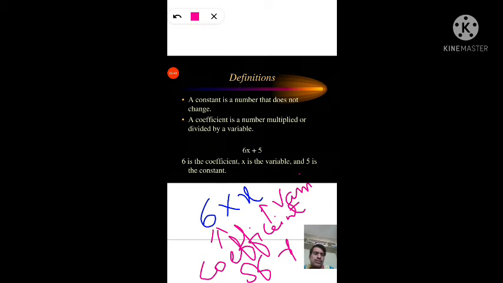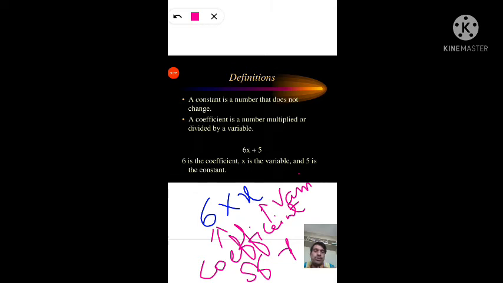Are you clear? 6 is called the coefficient of x because 6 is multiplied with a variable quantity, that is x, so this 6, a constant fixed value, is called the coefficient of that particular variable. So this is the coefficient.